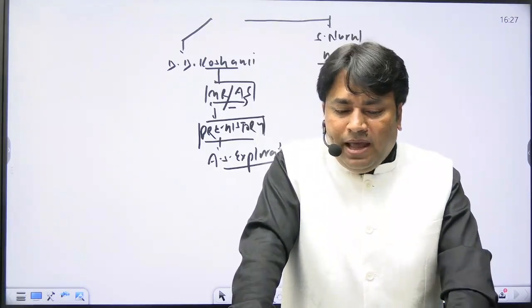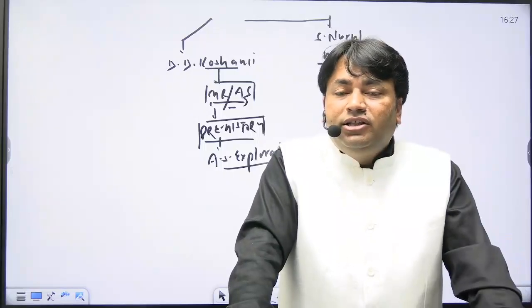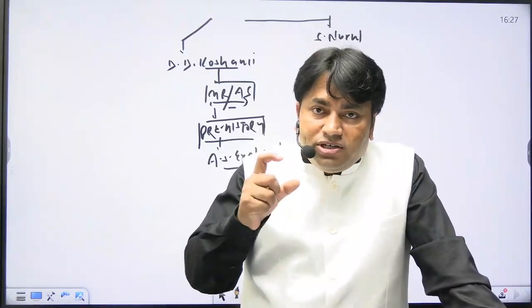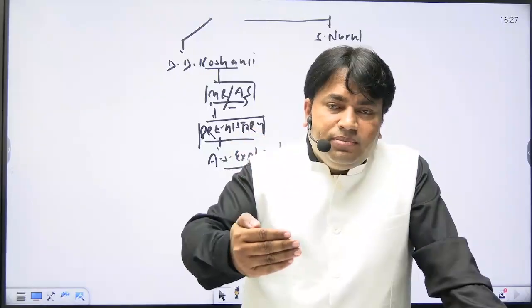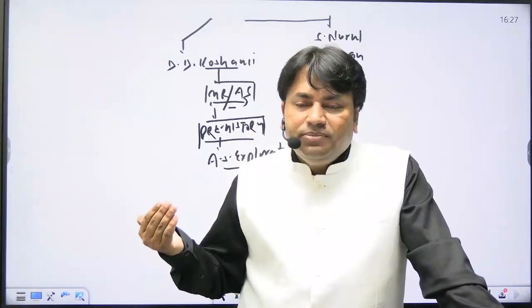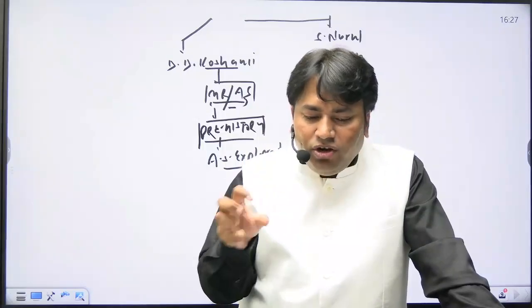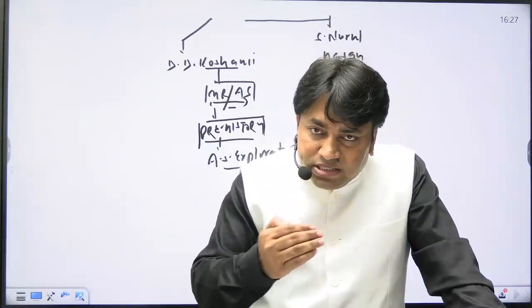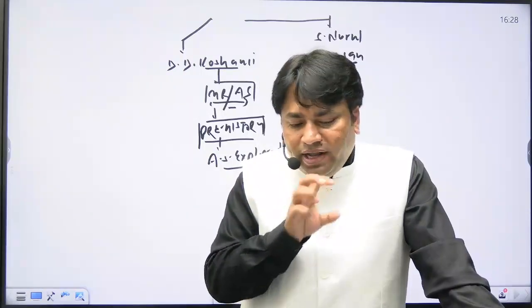S. Nurul Hasan also talks about a scientific interpretation of history. He adopts the Marxist methodology, and he says that history should incorporate various aspects of life. History does not mean only political history.